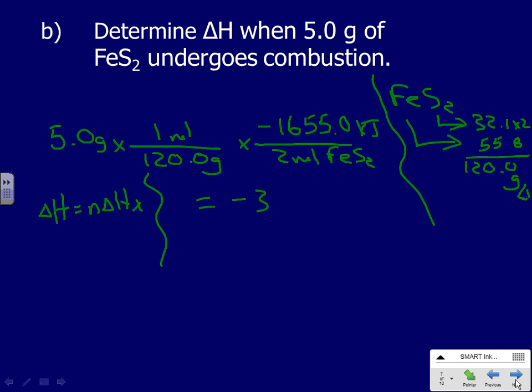You got negative 34.5, did you say? 5 kilojoules. And I guess we're rounding to 2 significant digits. So negative 35 kilojoules. Do we like that? All right. Again, just to make sure we're on the right track. Okay. So again, once we find a delta H, we can then think of it like the thermochemical equations that we always have, and we can use that to determine whatever.